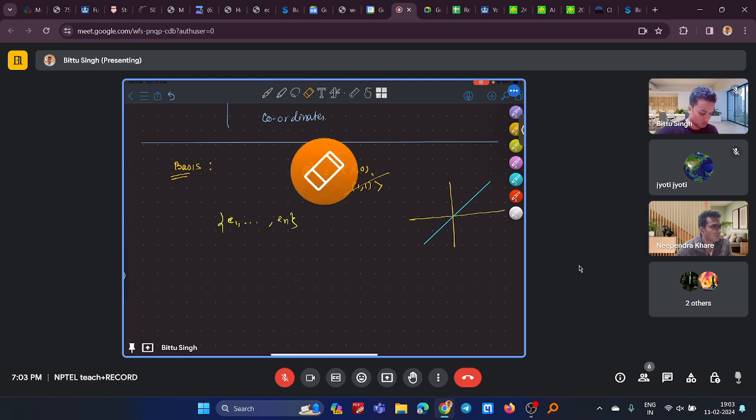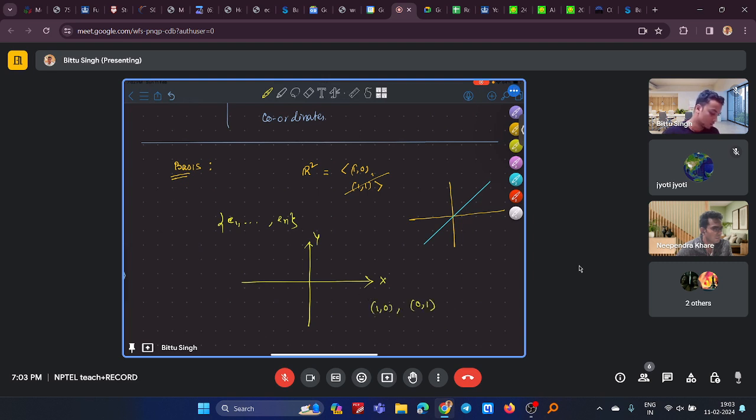For example, consider the minimal case: here you can see the x-axis and y-axis, that is (1, 0) and (0, 1). Any multiple of (1, 0), that is (x, 0), and any multiple of (0, 1), which is (0, y), is not the whole space.